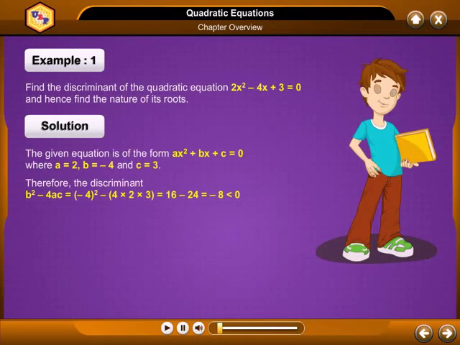Therefore, the discriminant b square minus 4ac is equal to (minus 4) square minus 4 into 2 into 3 equal to 16 minus 24 equal to minus 8, less than 0. So, the given equation has no real roots.